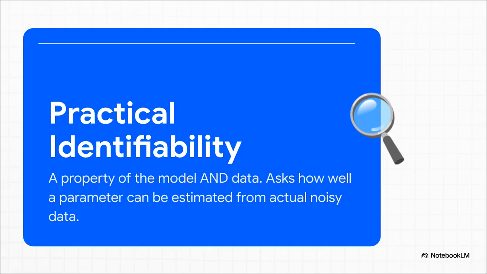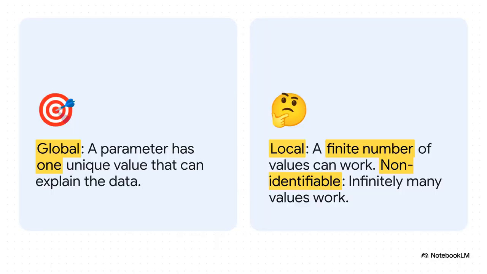And then you contrast that with practical identifiability. This is where the rubber meets the road. This asks, okay, given the real, messy, sparse data we actually have, how well can we pin down a parameter's value? This is so important because a parameter might be perfectly identifiable in theory, but if your data is poor, it can become practically impossible to find. And yeah, it's not just a simple yes or no. There are actually levels to this.